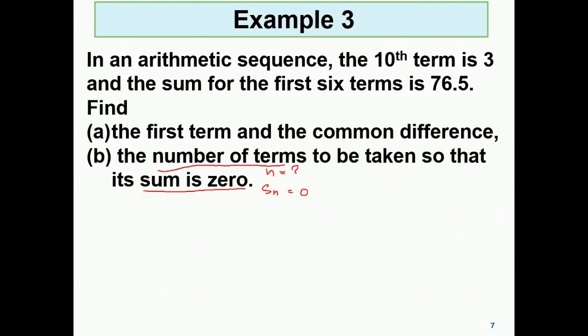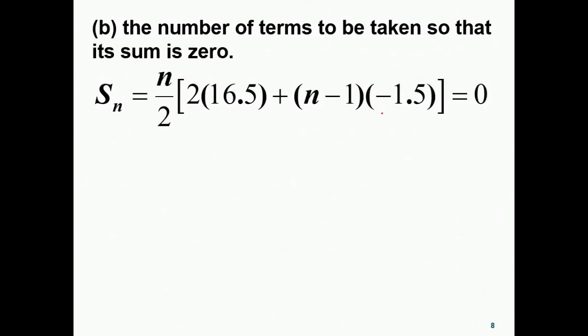Find n if Sn is equal to 0 by using the first term a equal to 16.5, and the common difference d equal to negative 1.5. The formula for Sn is equal to n over 2 times (2a plus (n minus 1)d).